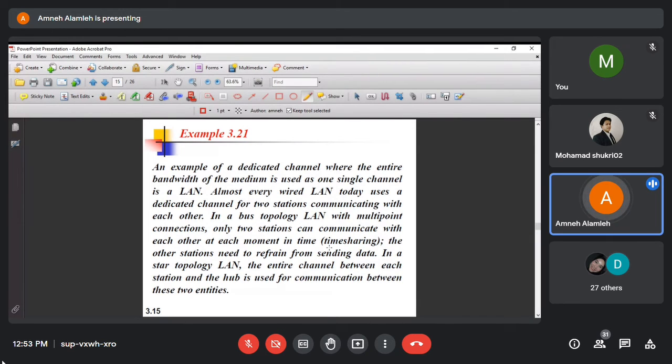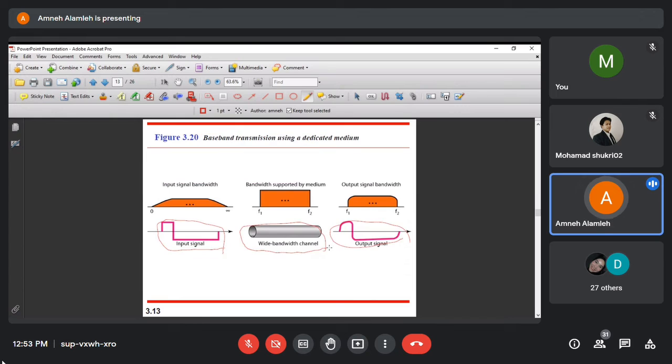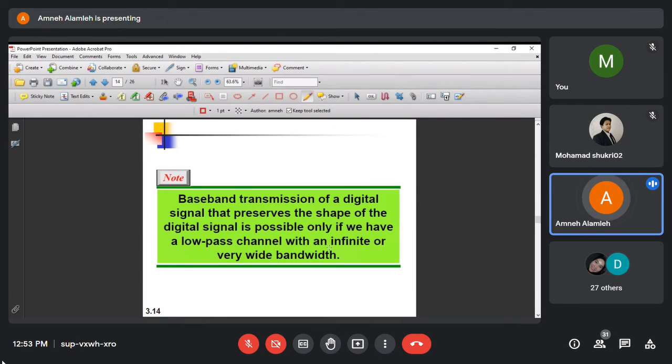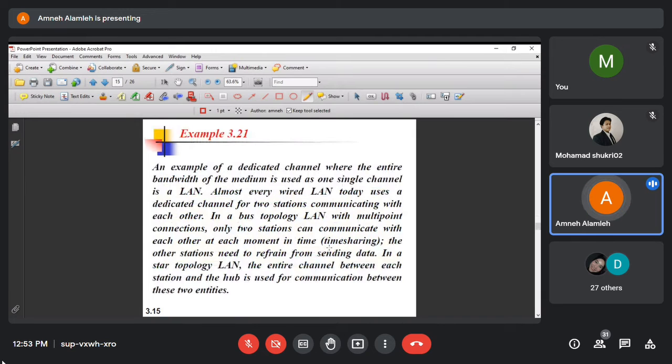As an example of a dedicated channel where the entire bandwidth of the medium is used as one single channel is a LAN. As an example is the LAN, local area network.